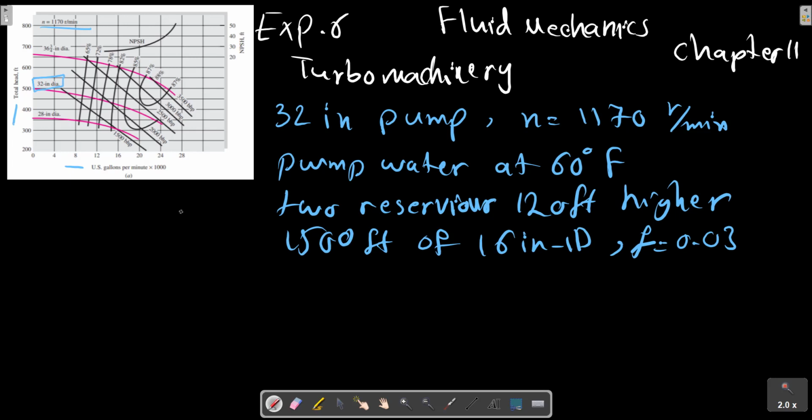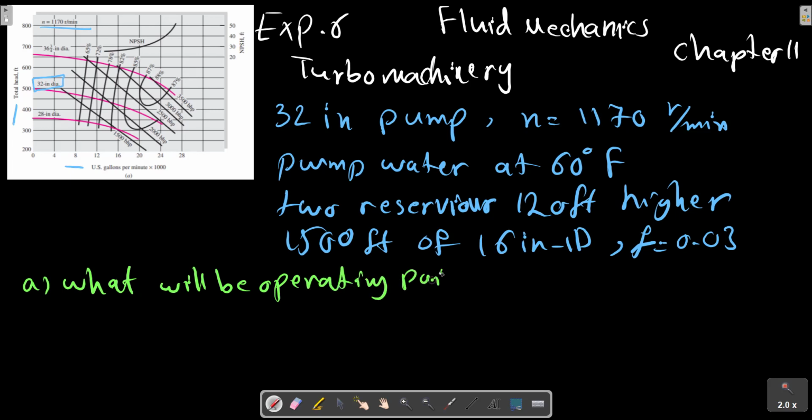Find what will be the operating point and efficiency.